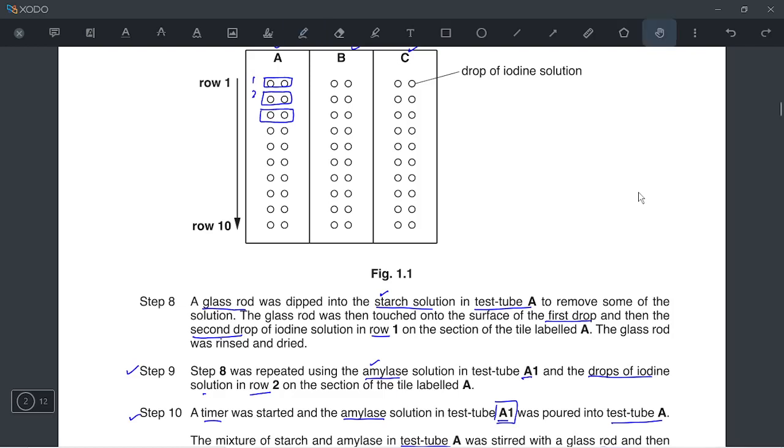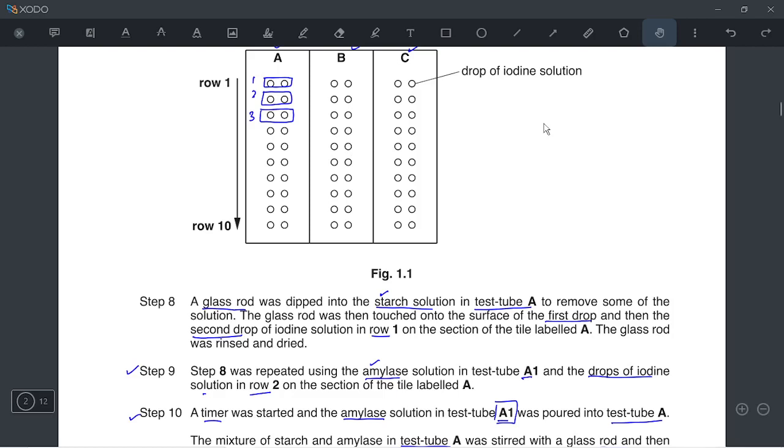In row 1 only starch solution was taken from test tube A, and in row 2 only amylase enzyme solution was taken by the glass rod and tested, and in row 3 you can see amylase and starch both.